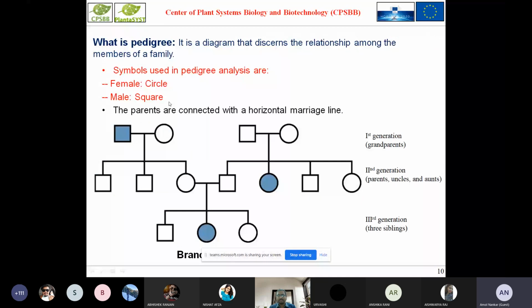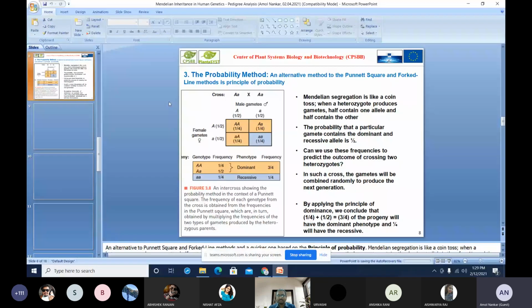Deepak, one second. I think there is some error on my part, just give me a minute.